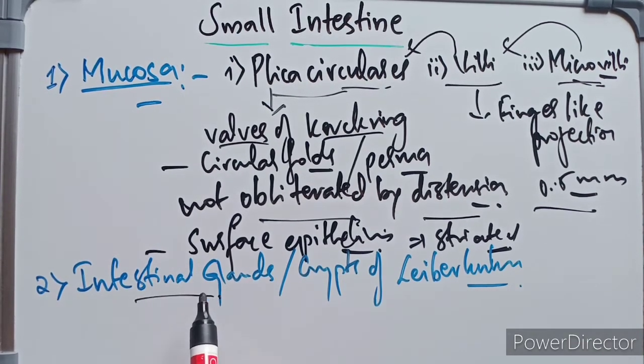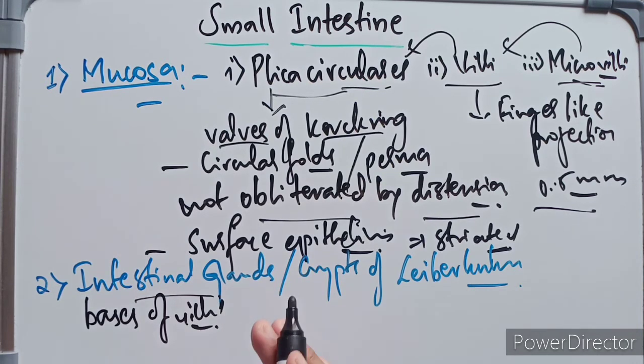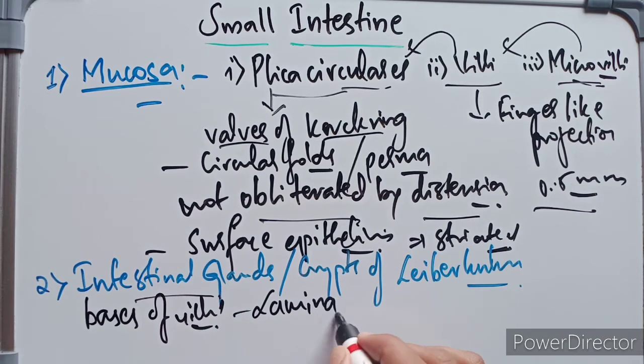These intestinal glands are located between the bases of the villi, and the epithelium of these glands is invaginated in the lamina propria to form the intestinal glands.